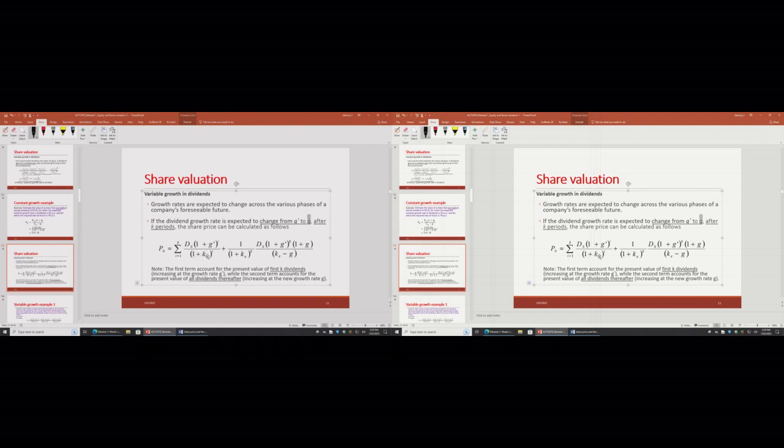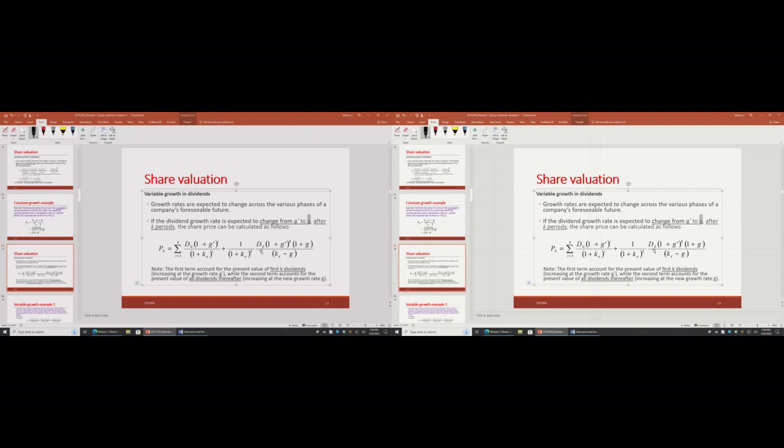KE is the cost of capital. G prime is the first stage growth rate, and G is the second stage growth rate. And K, a new one here, is the number of dividend payments in the first stage.